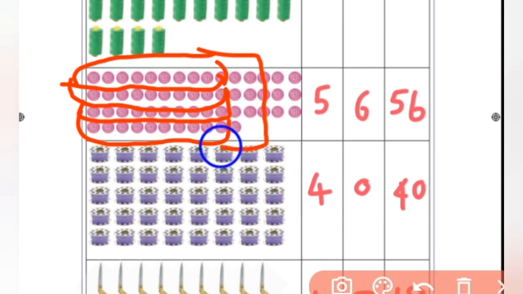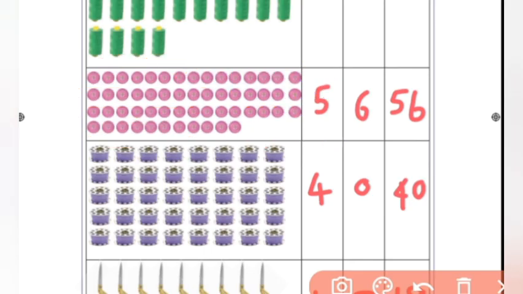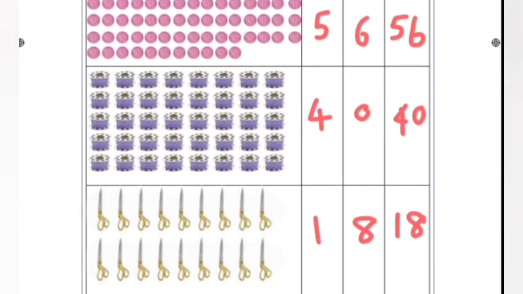See how many tens we have? 1, 2, 3, 4, 5. See we have 5 tens. And how many ones here? 1, 2, 3, 4, 5, 6. 6 ones. So 5 tens, 6 ones. The number is 56. See next one.